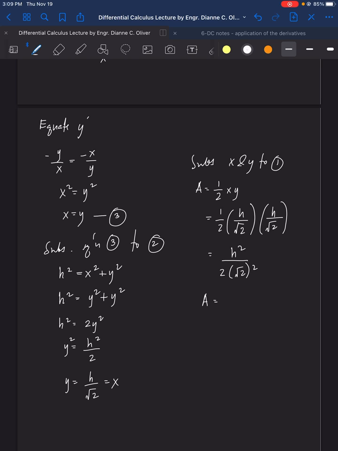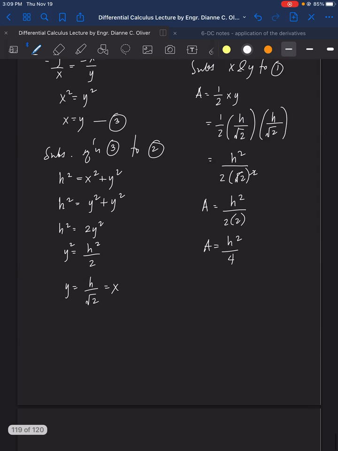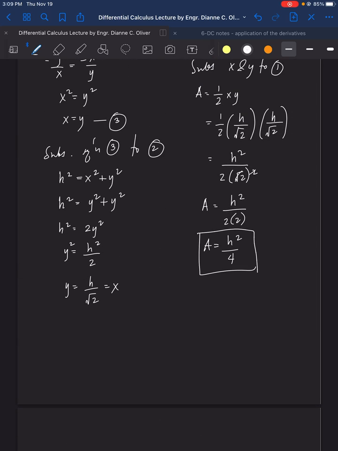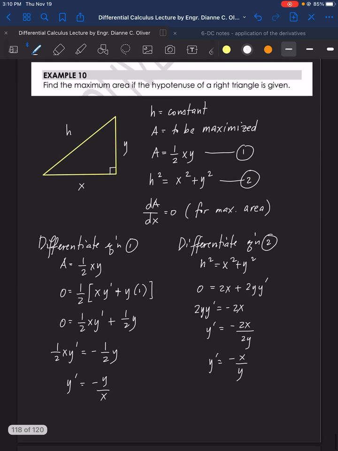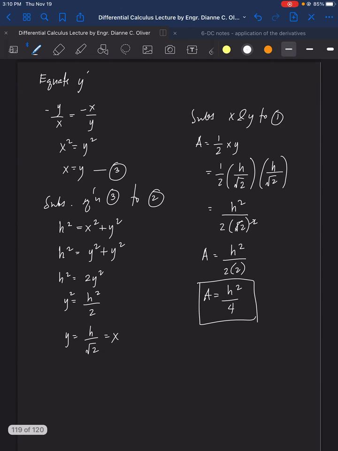So area is now equal to h squared over, so this cancels out, 2 times 2. Area is equal to h squared over 4. And then does it have any units? None. So this is the final answer for the area for number 10. So that ends our discussion for the application of maxima and minima.